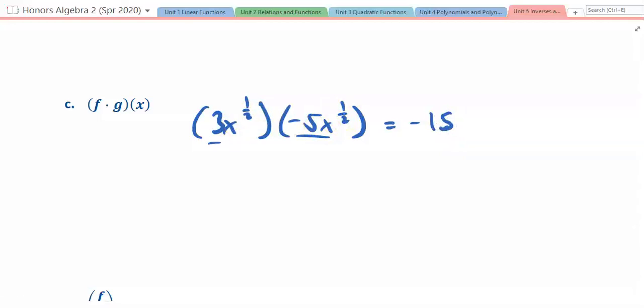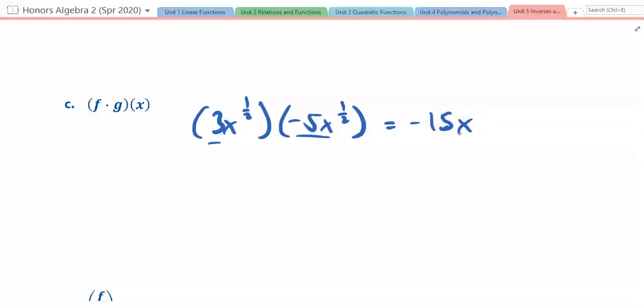Remember that when you multiply two powers, you're going to add the powers. So what's the 1/2 plus the 1/2 going to give us? This is going to give us an x. So we end up multiplying two square root functions, and we end up with a linear function.